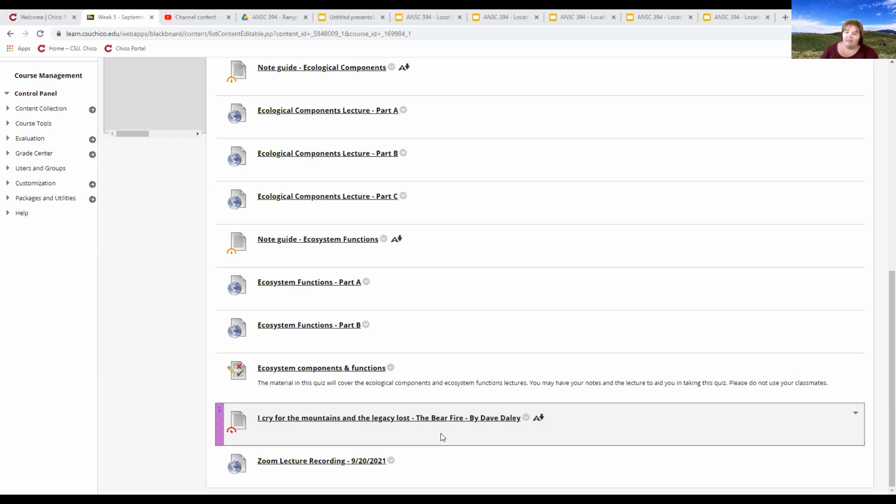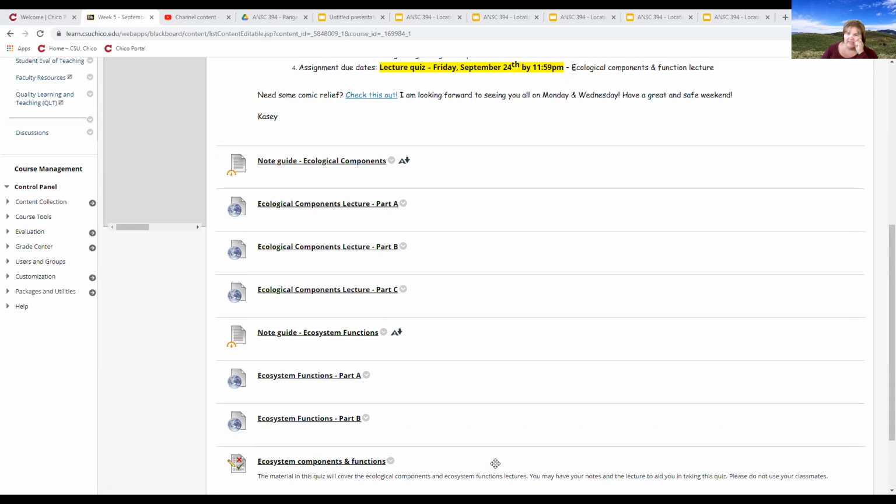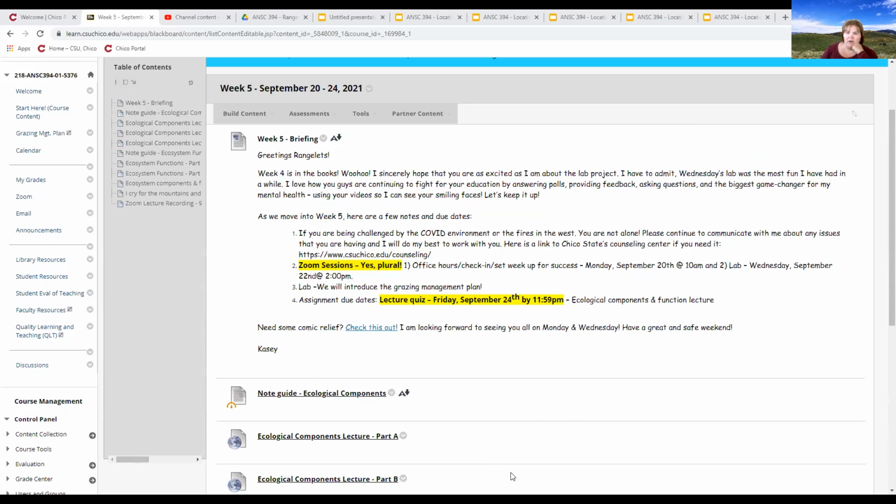And so he had grazing permits, both private and federal, before there even were agencies and companies in place. And so it's a pretty amazing legacy that unfortunately was lost because of the Bear Fire, which was burning this time last year. So that's just an interesting article for you guys to kind of take in as well.